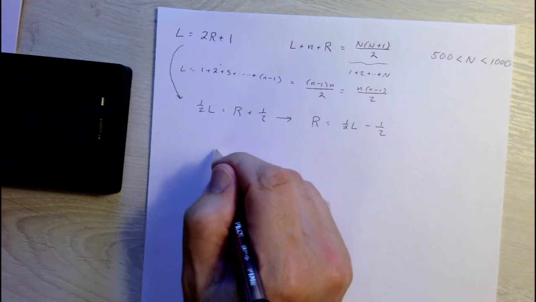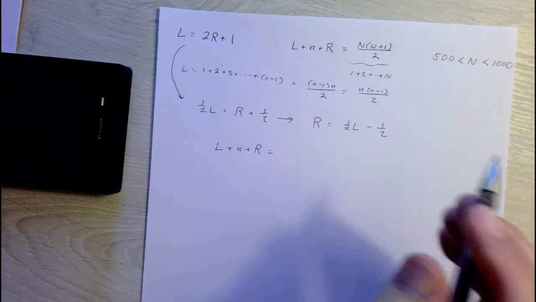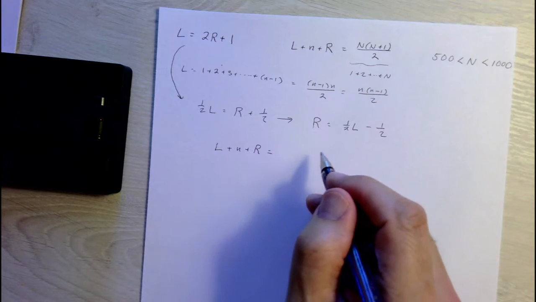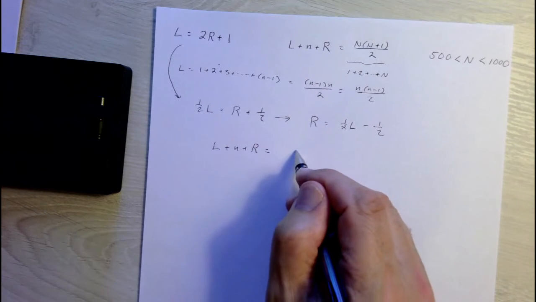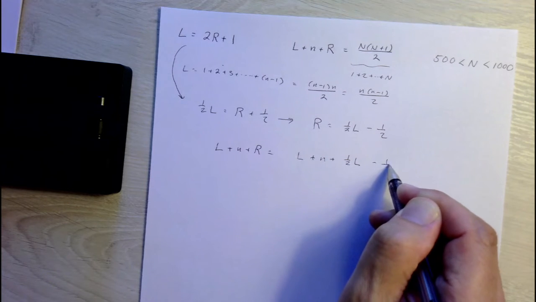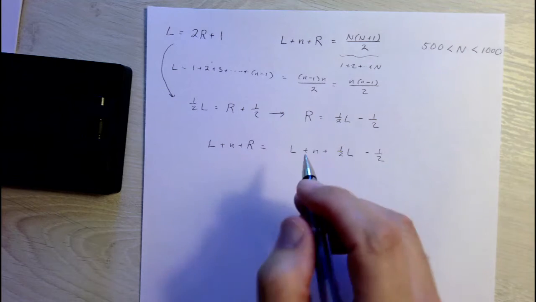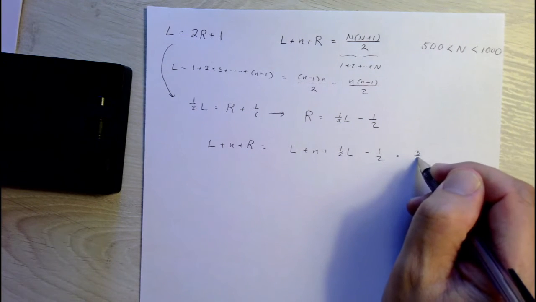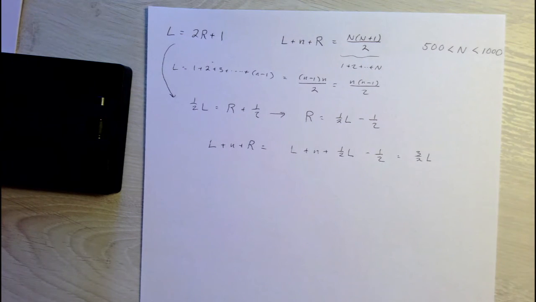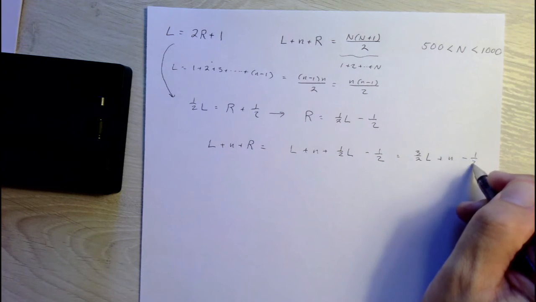Because L plus little n plus r is now going to be L plus n plus 1/2 L minus 1/2, or 3/2 L plus little n minus 1/2.